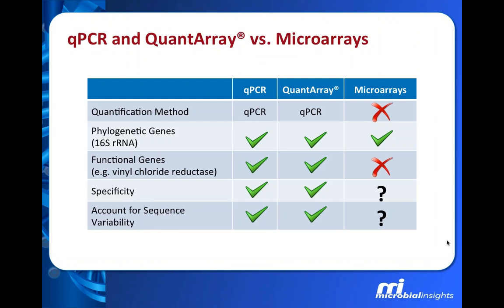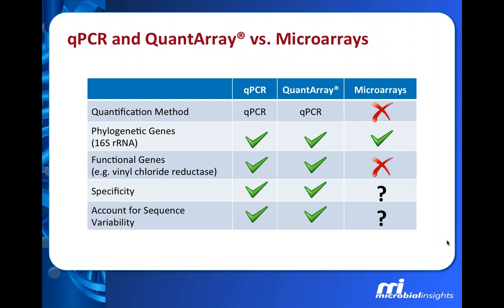So I put question marks next to specificity and accounting for sequence variability because that really varies widely from microarray to microarray. And without going into too much detail now, microarrays can be specific if the probes are designed with no mismatches and that hybridization wash step is done under very stringent conditions.